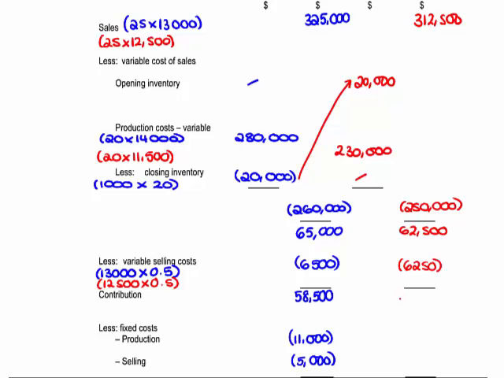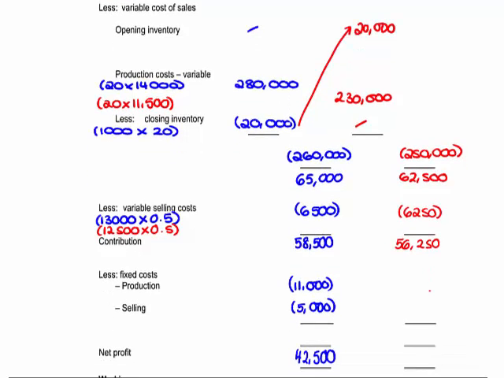So contribution in year 2 was 56,250, and my fixed costs in year 2, same as year 1, so another 16,000 to come off before we get down to profit of 40,250.